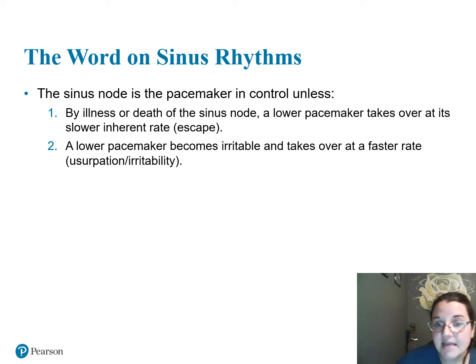So if my sinus node, the original pacemaker of the heart, is not working correctly to give me that normal heartbeat of 60 to 100 beats per minute, then a lower pacemaker is going to take over, but at a slower rate. If that lower pacemaker takes over by illness or death, it is known as the escape beat. And if that lower pacemaker becomes irritable, we're going to get a faster rate, which is your usurpation or irritability.